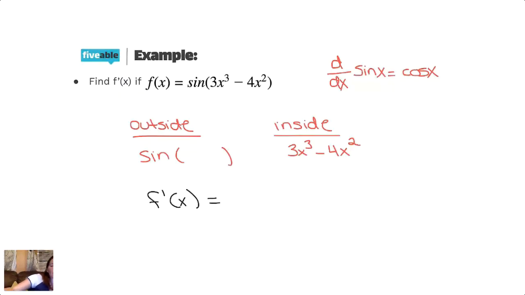Good, perfect, Sierra. Cosine of something, or Kevin, cosine blank parentheses, right? So you got a cosine of something right there. Now step number 2, copy the inside. So we're going to take that inside function and we're just going to plop it right into that something hole we left there.